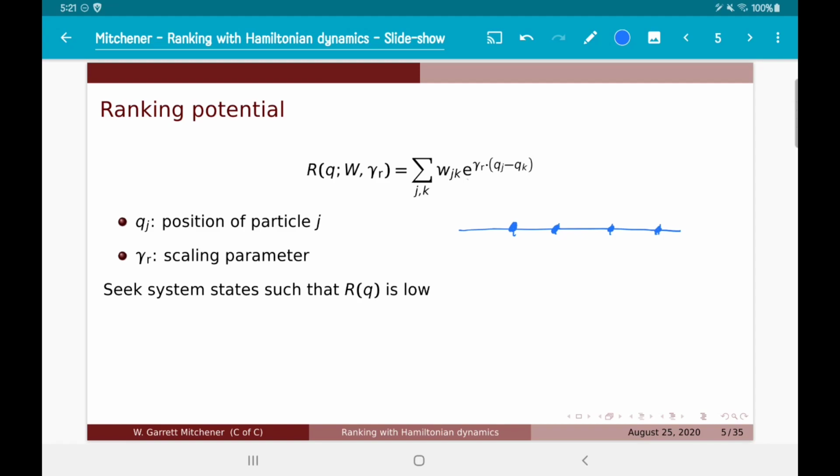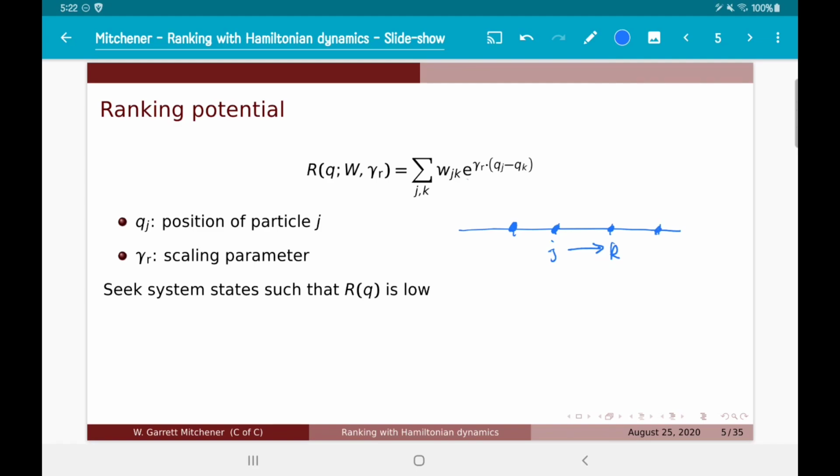When the given pairwise comparison data says that, say, item j should be before item k, then there should be some kind of force between items j and k that pushes j to the left and k to the right. And it's asymmetric in that if particle j is already to the left of particle k, then this force should be rather low. But if the two particles are in the opposite order, then the force should be strong.